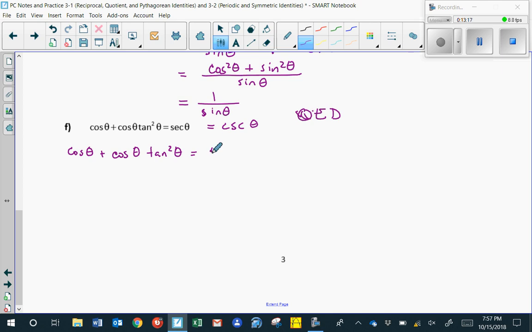There's not much I can do to re-express this, but what I can do is factor out a cosine of theta from both terms. If I factor out cosine of theta from both terms, from the first term we'll have a 1 left, and from the second term we'll have tangent squared of theta left.